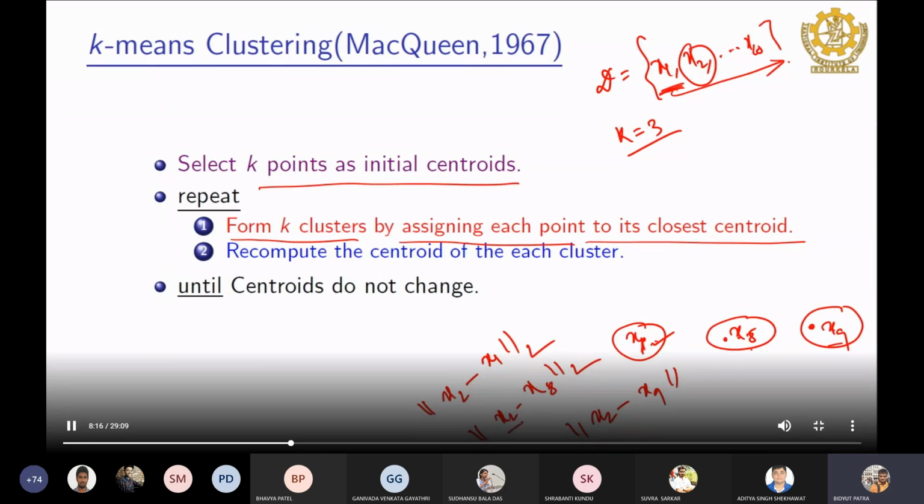You assign the point there. Let's say x2 is assigned to the first point x1. So in this cluster you have 2 points, one is x1, another is x2. But which one is the centroid? This is the centroid. Here x8, here x9.